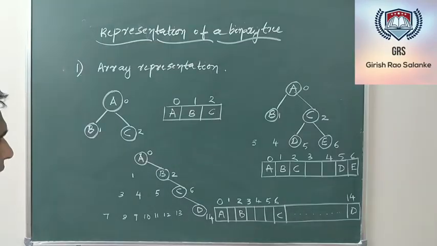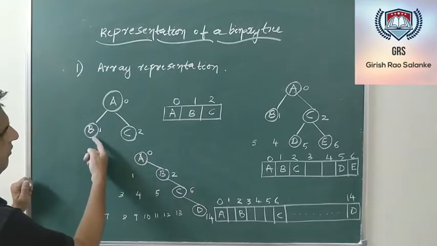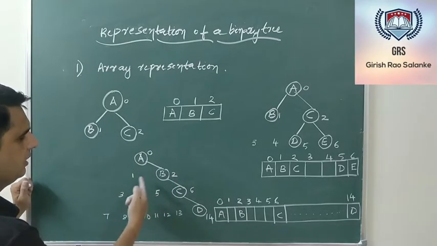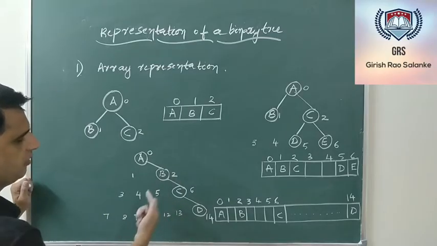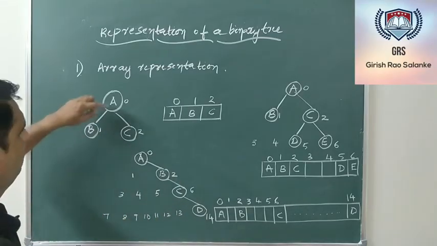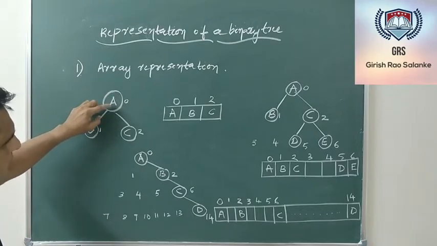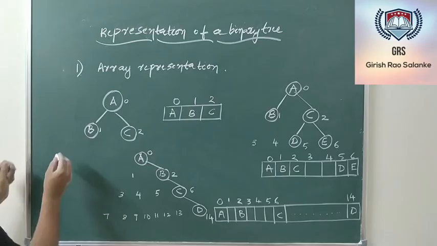Now why do I need to mark the left and the right child with the index of the array? If I know the parent position, here in this case the parent position is 0.